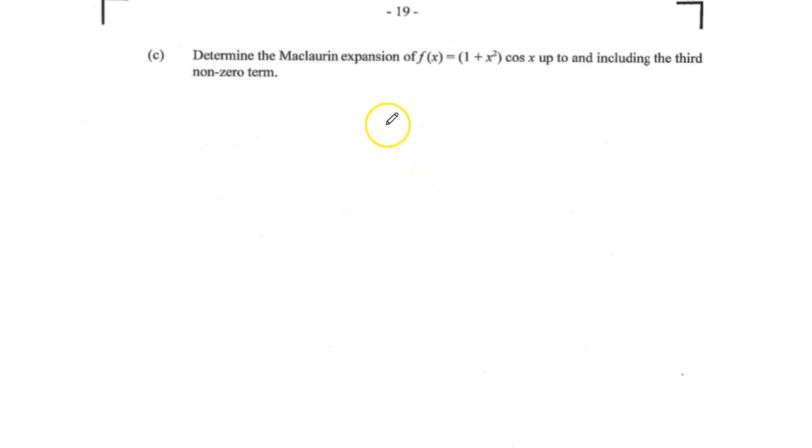Part C. Determine the Maclaurin expansion for f of x equal to 1 plus x squared times cos x up to and including the third non-zero term.